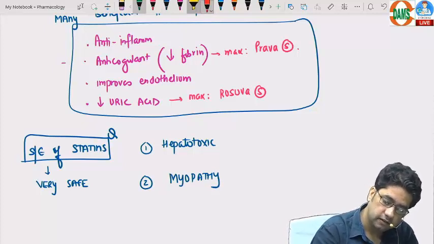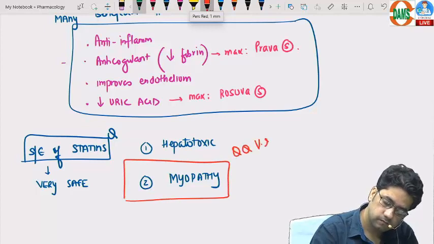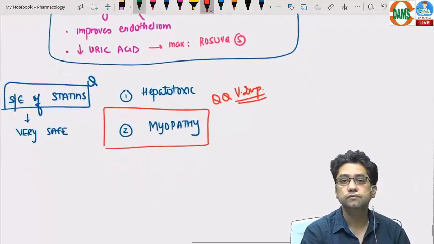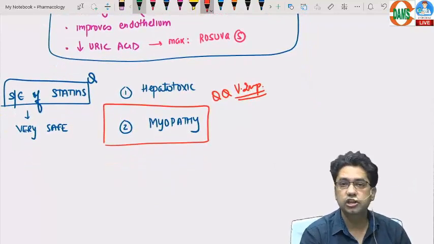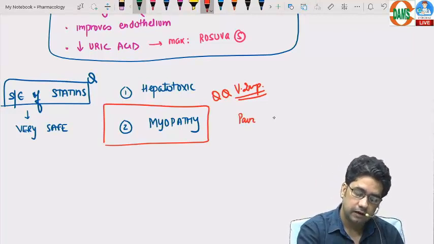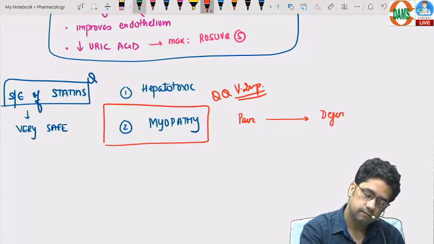Now, please remember this word myopathy. It causes muscle damage. So, initially there will be pain, but later on it can lead to degeneration.